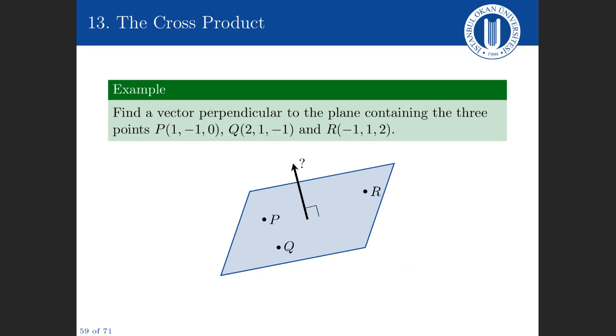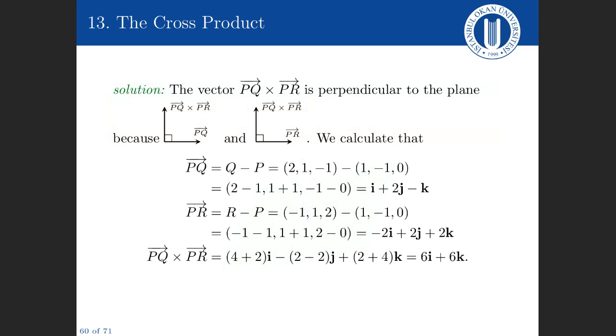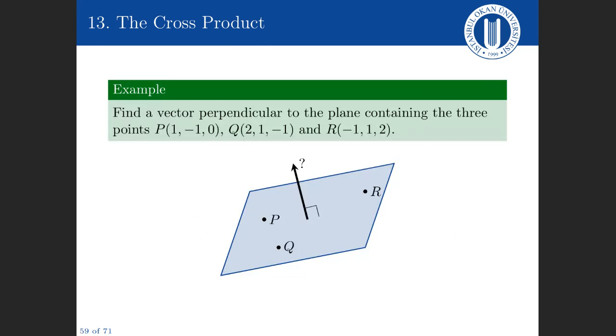For example, find a vector perpendicular to the plane containing the 3 points P, Q, and R. What we're going to do is we're going to write down the vector from P to Q and the vector from P to R. And then we're going to find a vector which is perpendicular to both of these vectors.